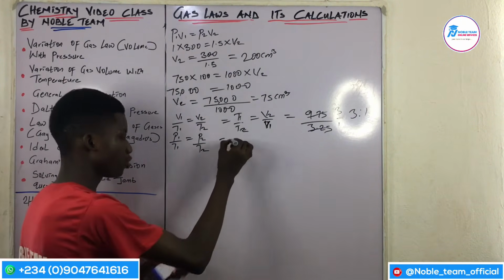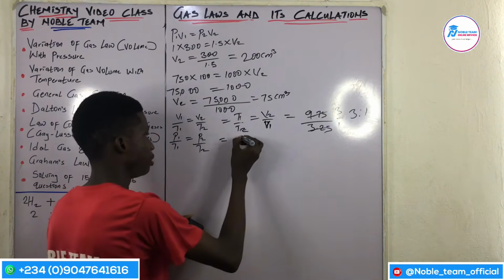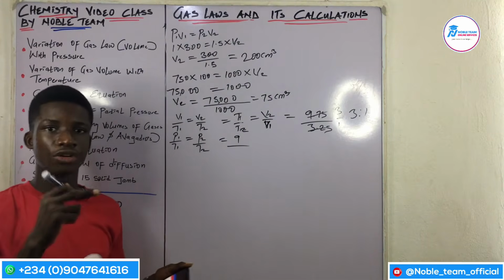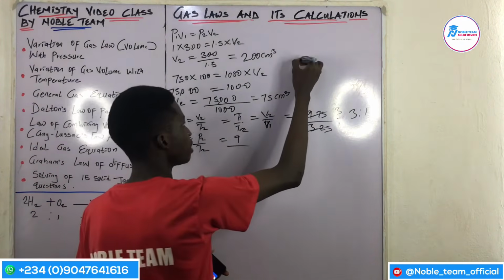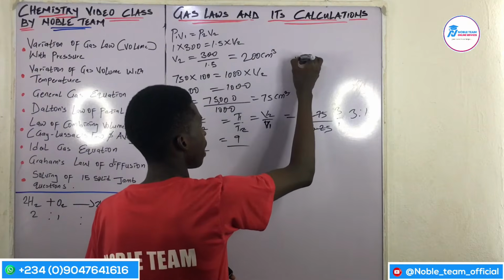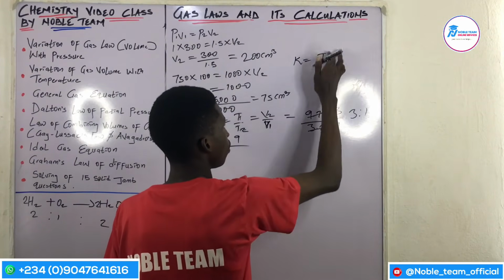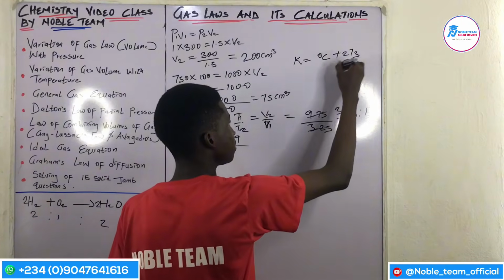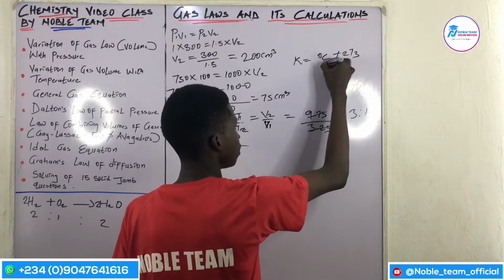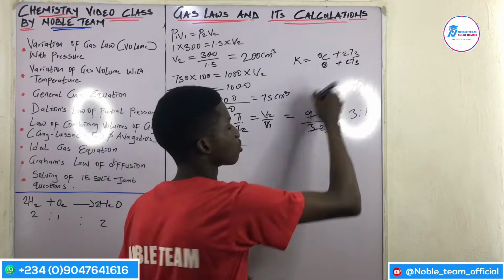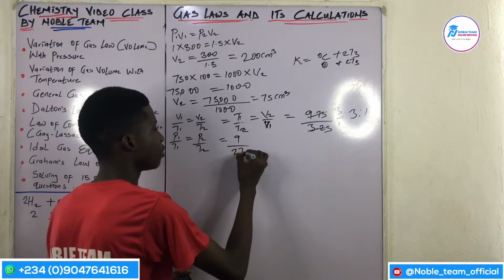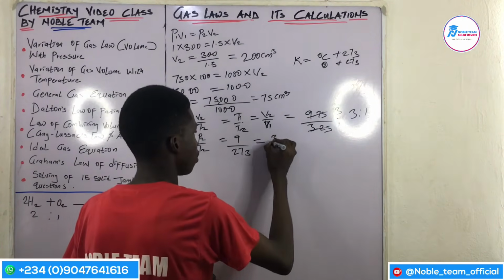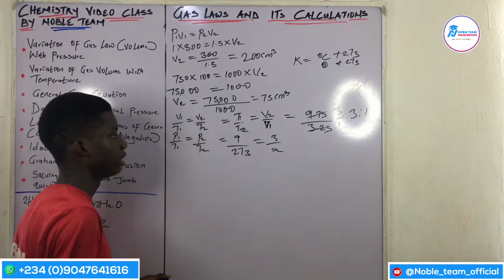So our P1 is 9, and our T1 is 0 degrees Celsius. Converted to Kelvin, it simply means K is equal to degrees Celsius plus 273. So 0 plus 273 will give us 273. So we have 273, our P2 is 3, and we are looking for X, which is the T2.